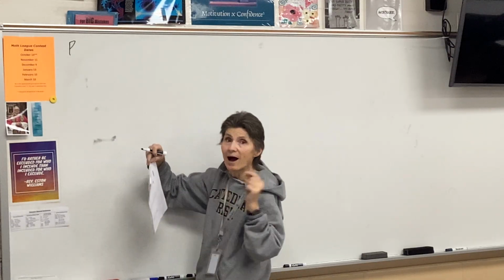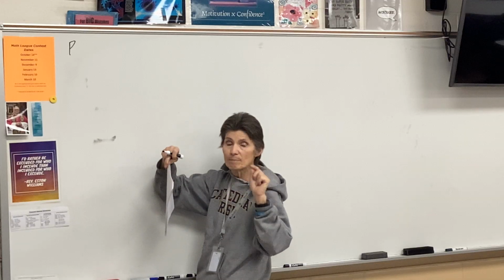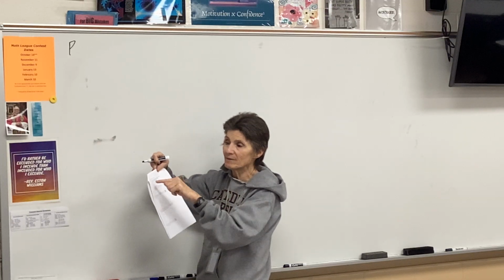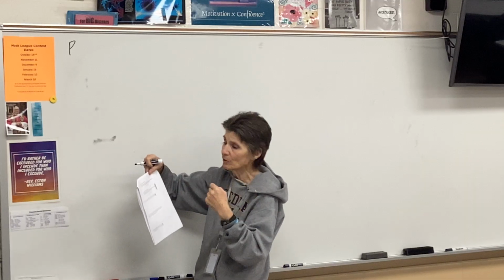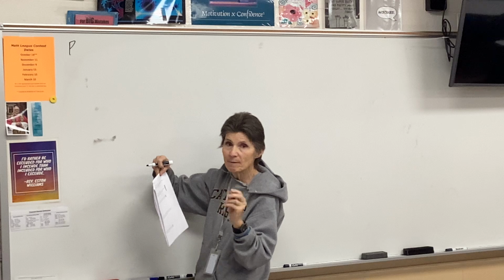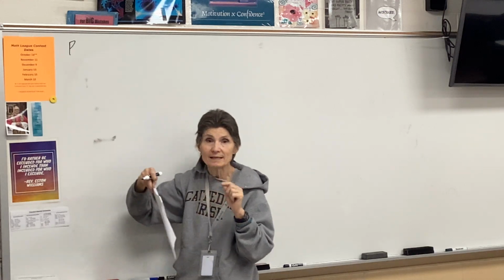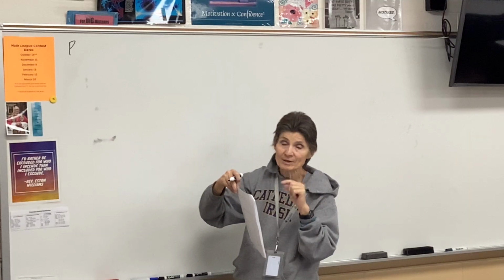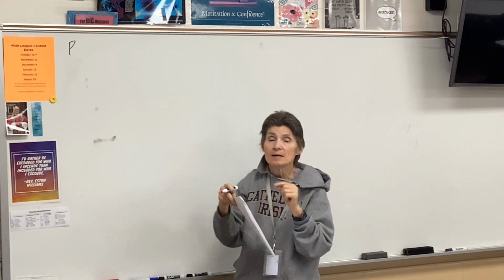You do not need to memorize these formulas. On page 39, we have the FV, future value, and the PV, present value. You do not need to memorize these formulas. They will be given to you. However, you do need to know when to use these formulas.